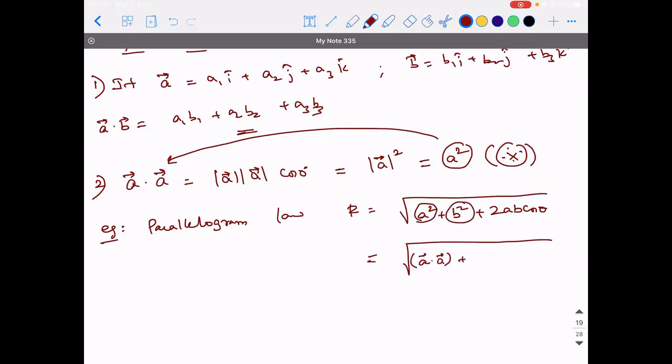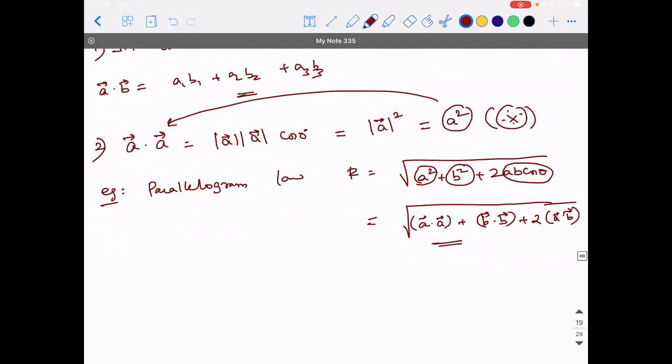In the place of B square, I can write it as B vector dot B vector plus 2 times AB cos theta is nothing but A vector dot B vector. This is another way of writing, but generally we don't prefer it. You write it like this only. But for you to understand the meaning of how to use the second property, I explained it. Clear, guys?